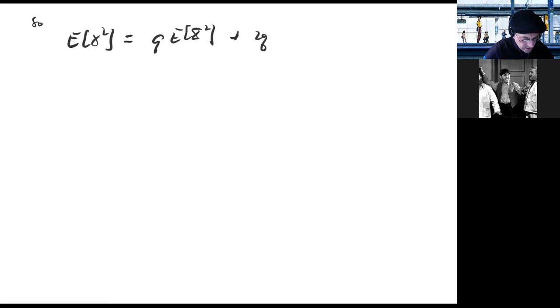So what do you get? We get E of X squared is given by q E of X squared plus 2q E of X plus 1. And what I'm going to do is bring the second moment terms over to the one side.